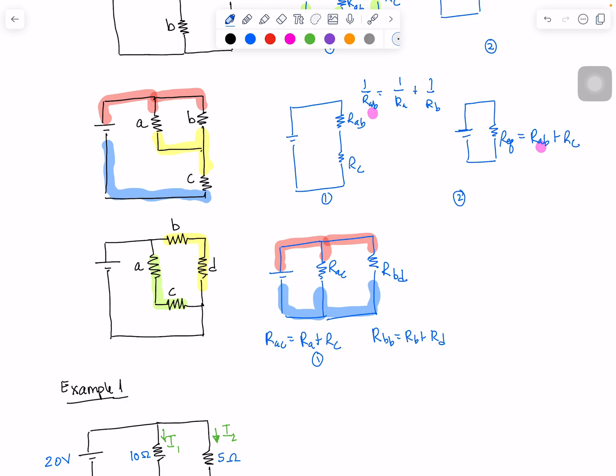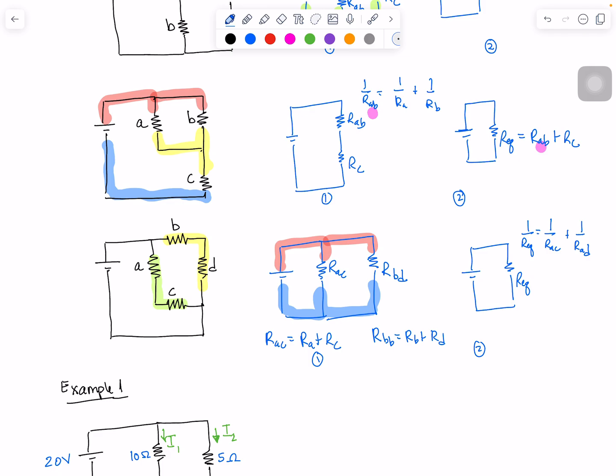Anything that has the same potential, I can combine. So that's my second step. I'm going to make this 1 equivalent resistance. And because they're in parallel, 1 over REQ is equal to 1 over RAC plus 1 over RBD.